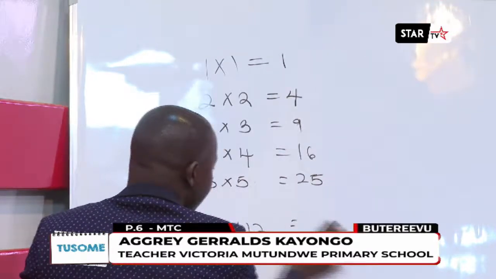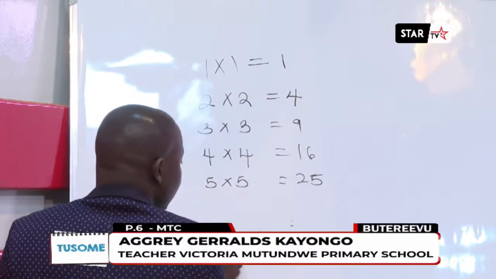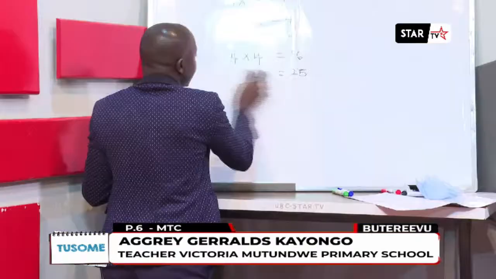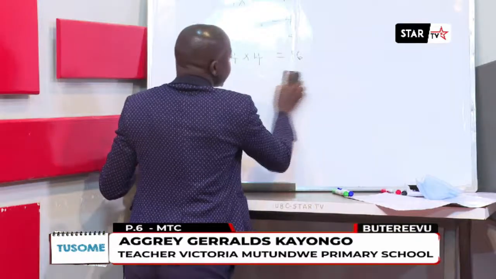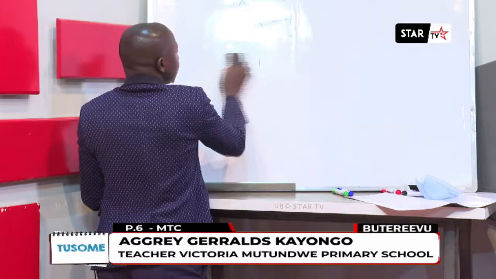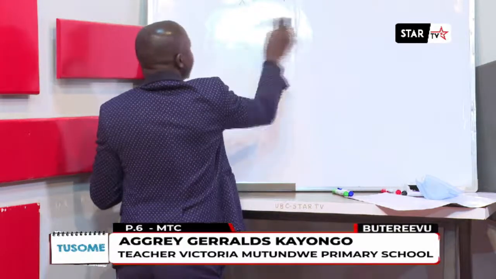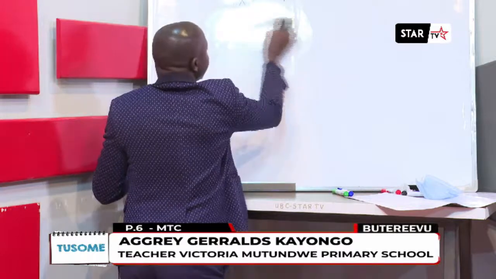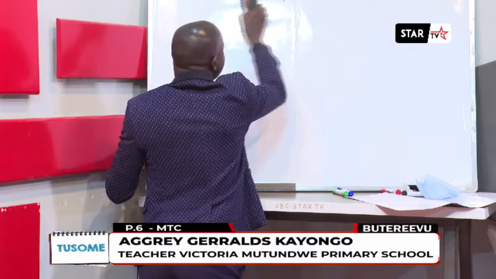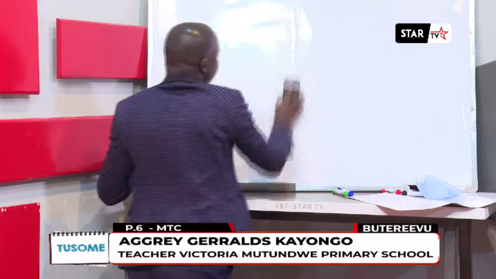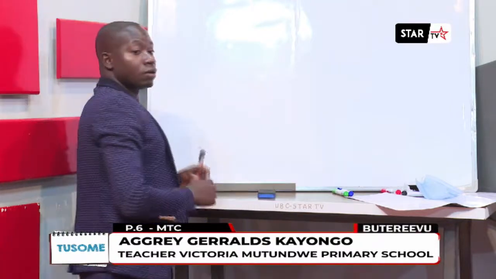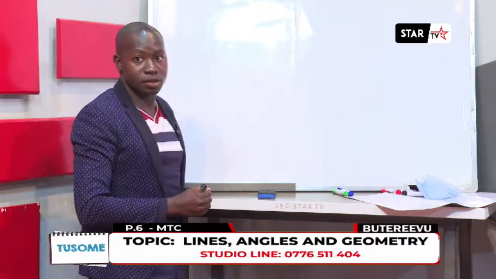What's a square root? A square root is a number that produces a specific quantity when multiplied by itself. I repeat, a square root is a number that produces a specific quantity when multiplied by itself.